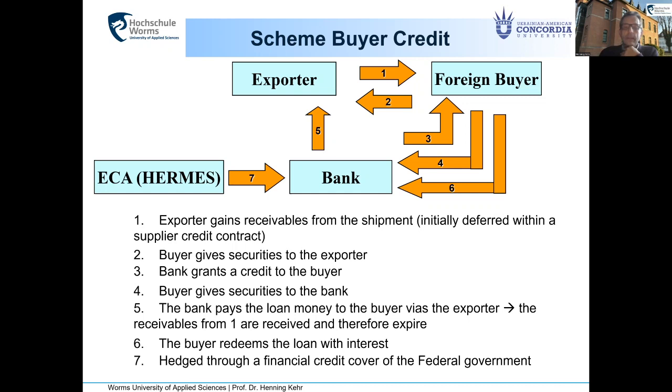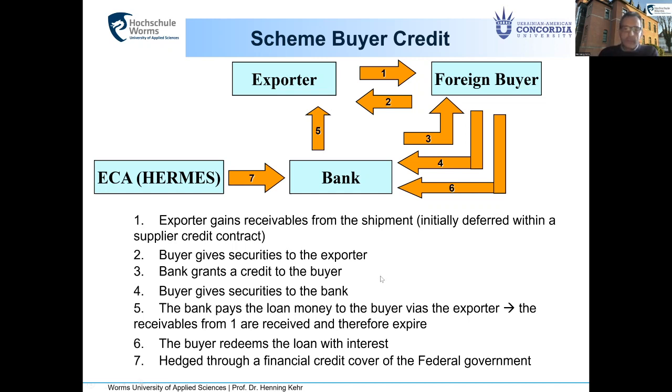And the bank will finance and is taking the risk, perhaps covered by an export credit agency, and that makes it easier for the exporter because the exporter has now the liquidity to finance his business. And therefore, these two are very helpful for export business.